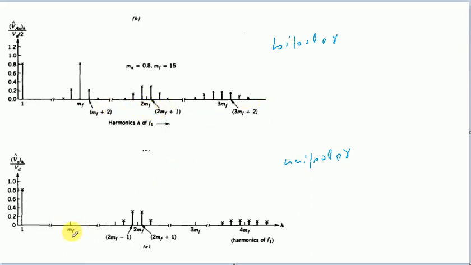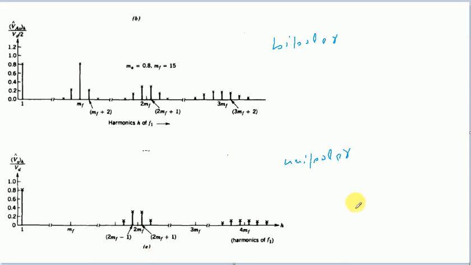While in this case, we can see that at this point we don't have any harmonics present, and they only appear at this particular point, and here also they appear as sidebands. So this is a clear advantage of the unipolar voltage switching scheme compared to the bipolar voltage switching scheme.